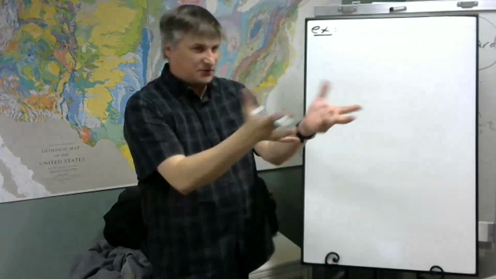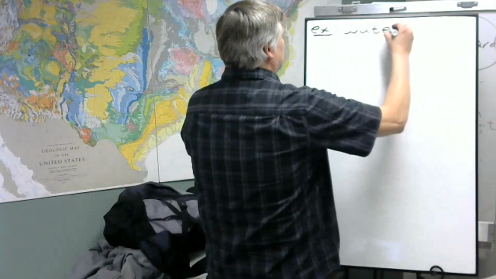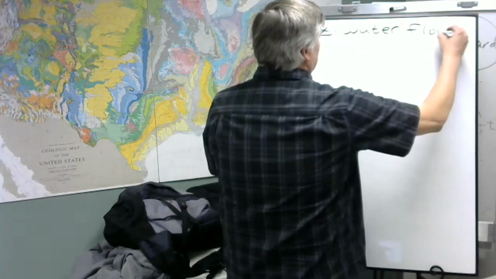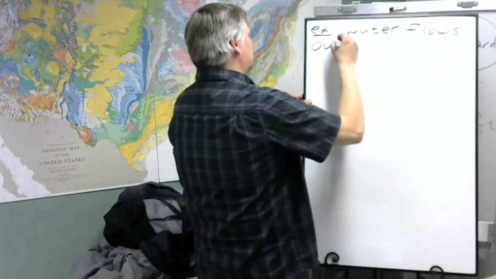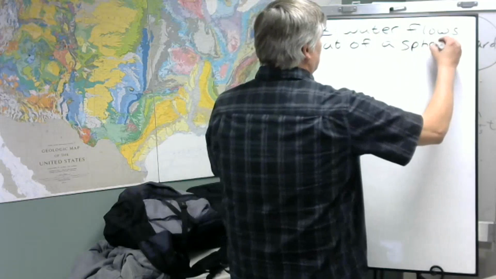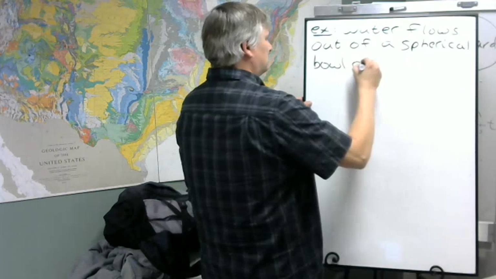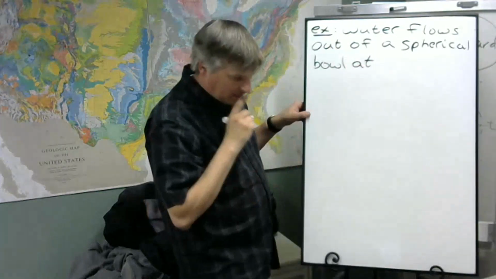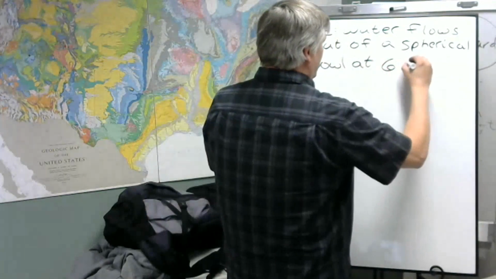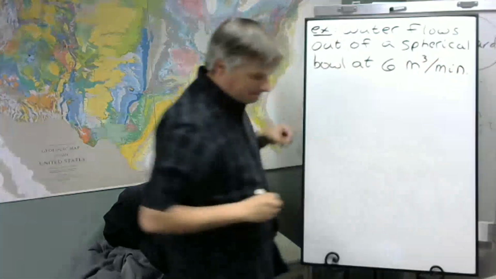There's a spherical bowl, and water is flowing out the bottom of the bowl, at 6 cubic meters per minute.